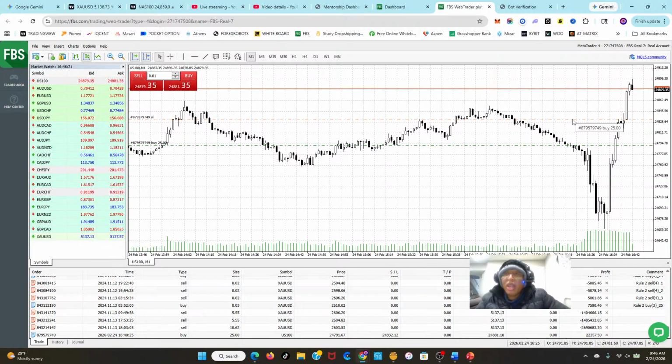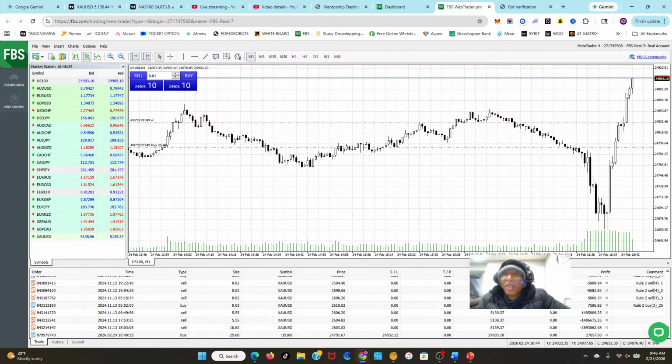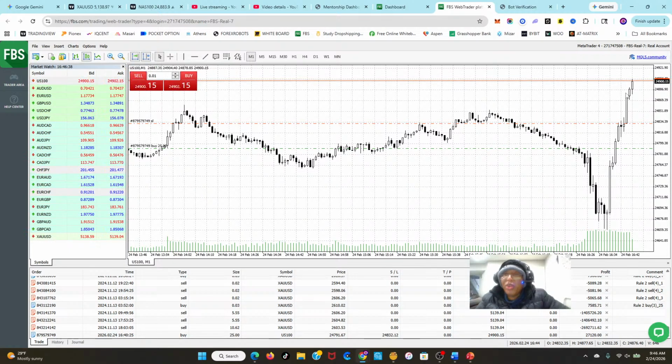So right now you can see it's coming down. We had painted literally, you can see 1, 2, 3, so literally we should be getting out here. But we're just gonna keep moving our stop loss based on the power bars.